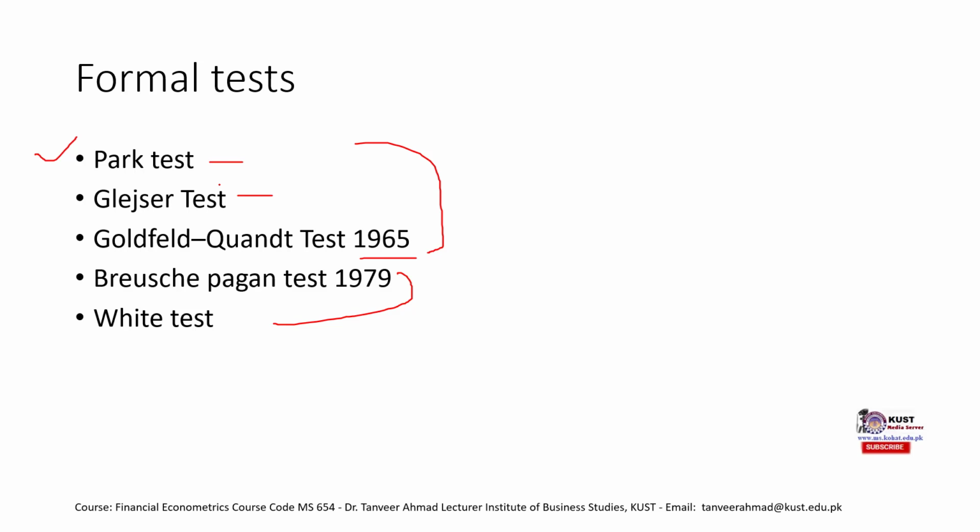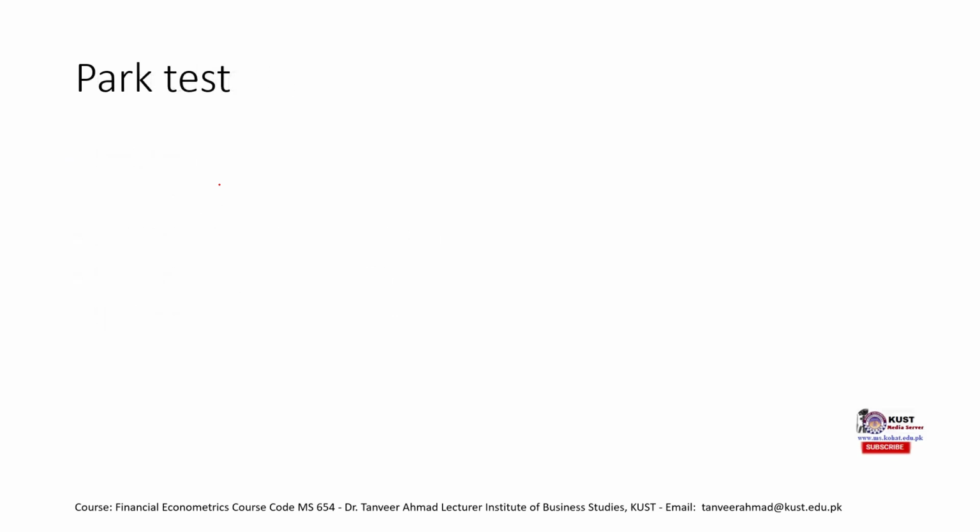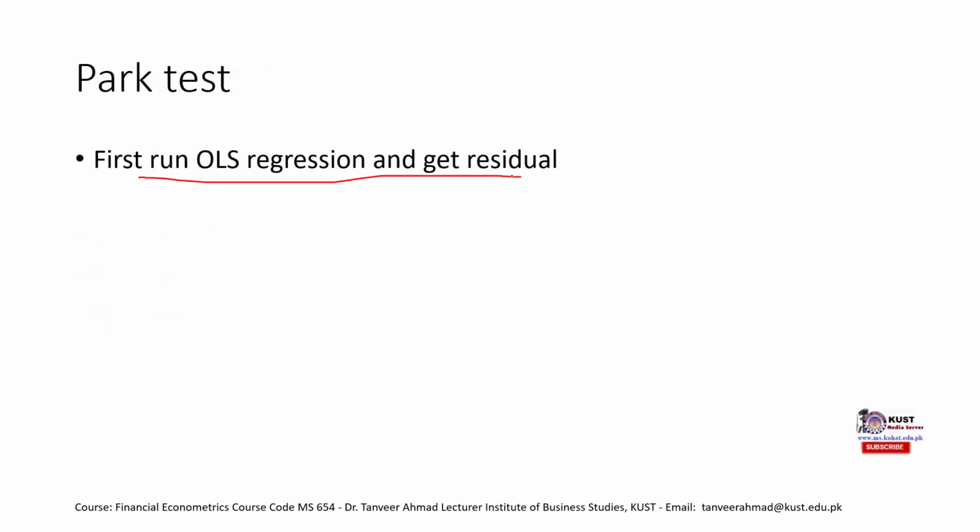But just to give you an idea, what the Park test does is, it first runs the OLS regression. So a simple OLS regression, let's say we have a dependent variable and an independent variable, alpha plus beta x1. We run this regression, we get its residual. How do we get the residual?